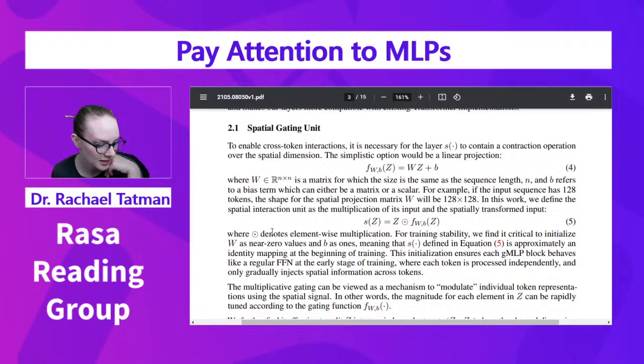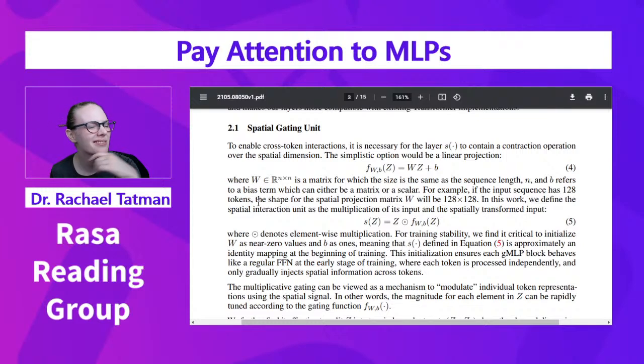Cleo says, so they pass the encoded ID directly to a feed-forward network without an embedding layer. Yeah. So this is what they're replacing multi-headed self-attention with. I don't think they've said specifically what they're passing in as input yet.